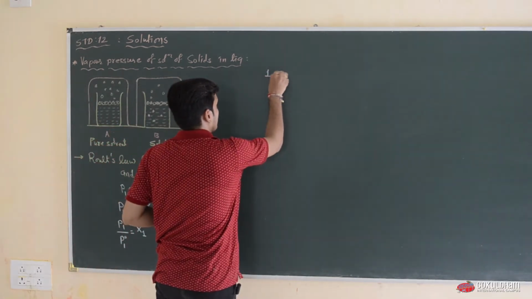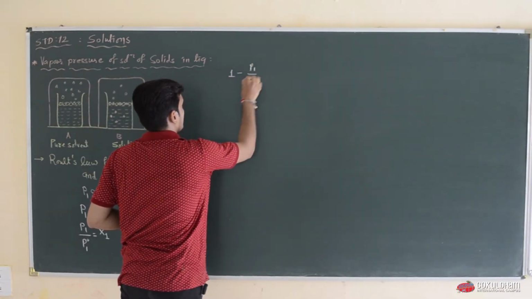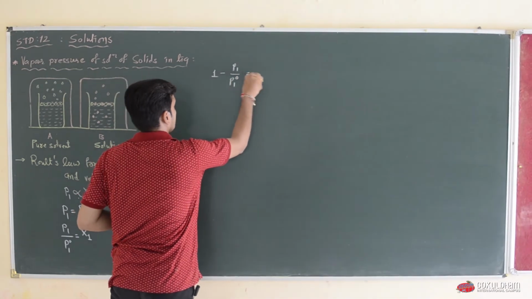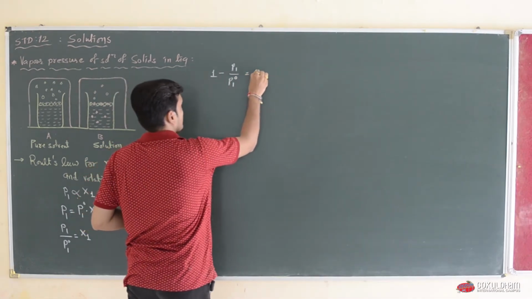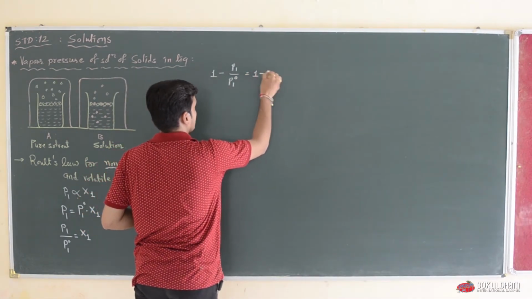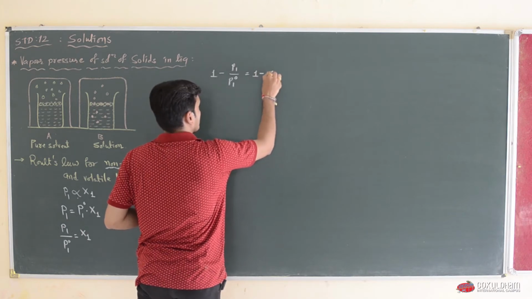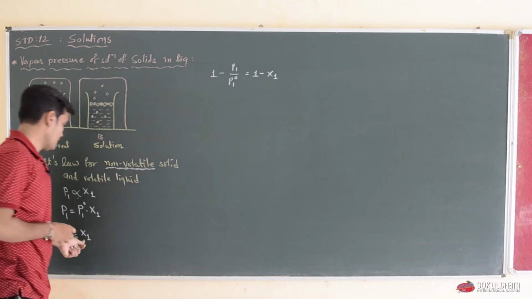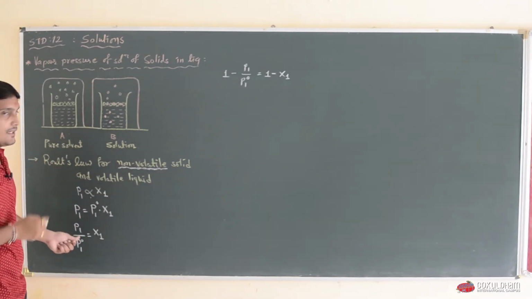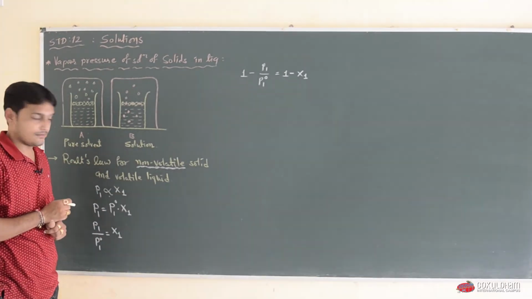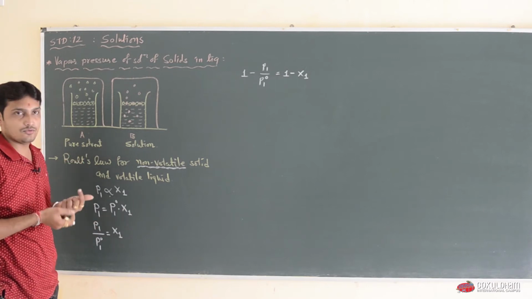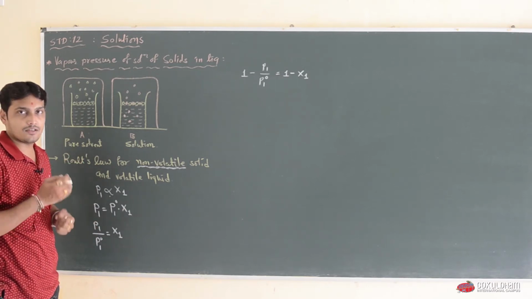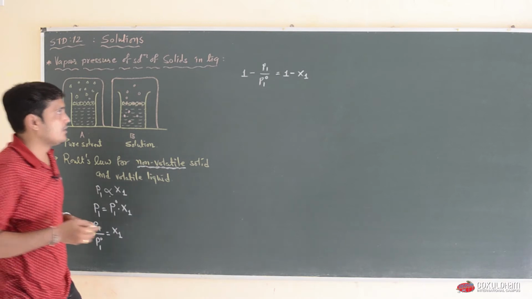Now you have to subtract both sides from 1. So 1 minus P1 upon P1⁰ is equal to 1 minus x1. Now x1 is the mole fraction of the first component and x2 is the mole fraction of component 2.